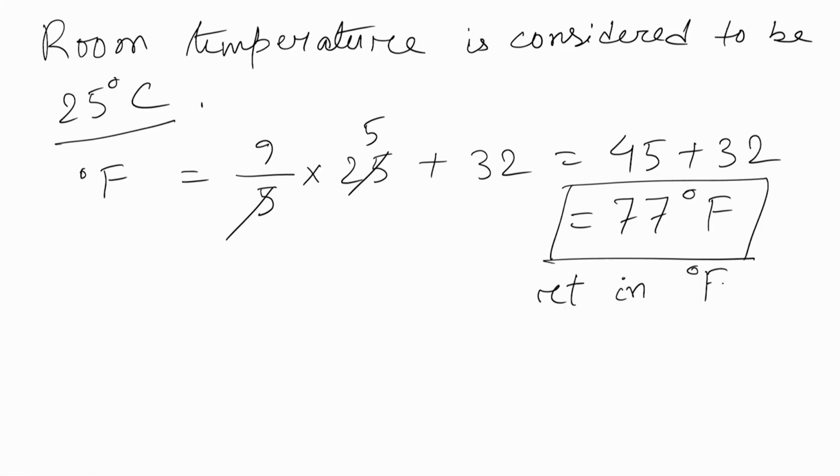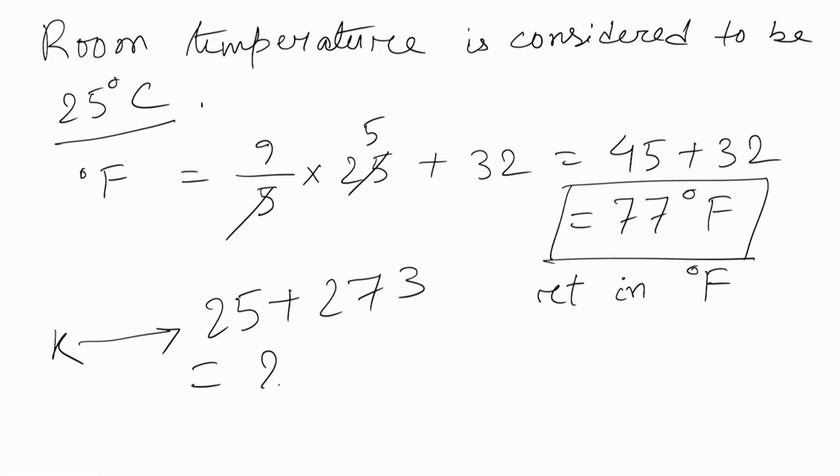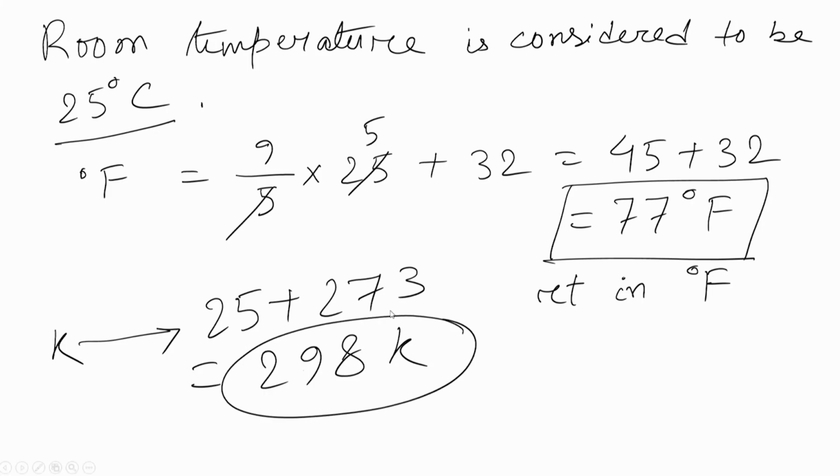Now, in Kelvin scale, we know Kelvin is equal to Celsius plus 273. So, 25 plus 273 is equal to 298 Kelvin. This is the room temperature in Kelvin scale. Now, in both degree Celsius and degree Fahrenheit, temperature 0 is possible.